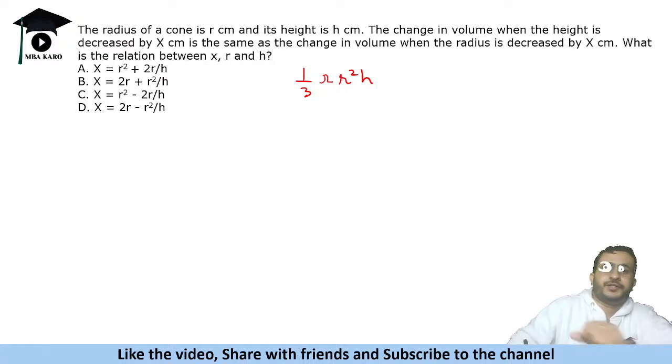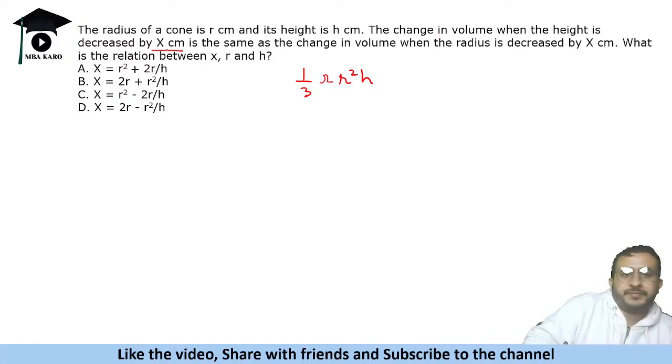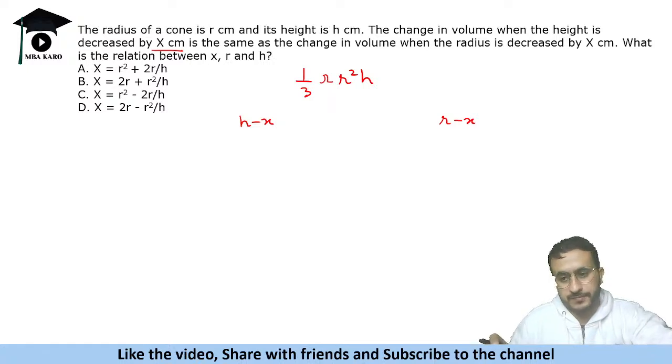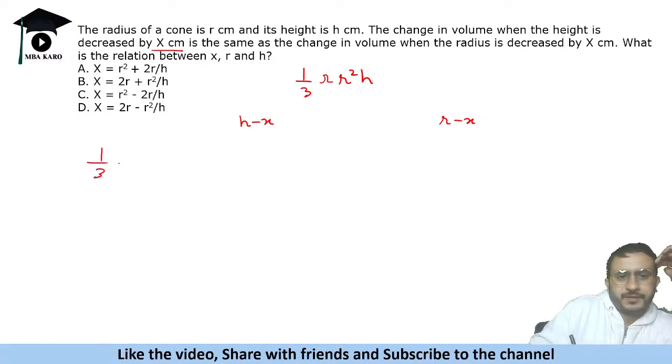So here's the relation. See, in first case we are decreasing the height by x, so height becomes h minus x, और सेकंड केस में r को r minus x पुट कर देते हैं. ठीक है. So if we decrease the height by x, the original volume is 1/3 pi r square h.